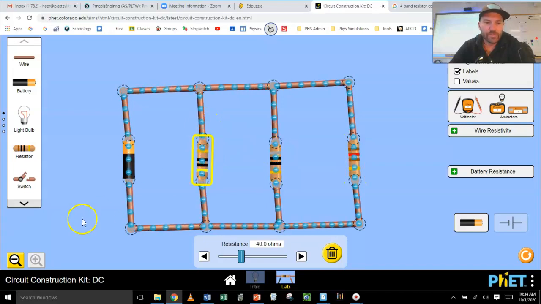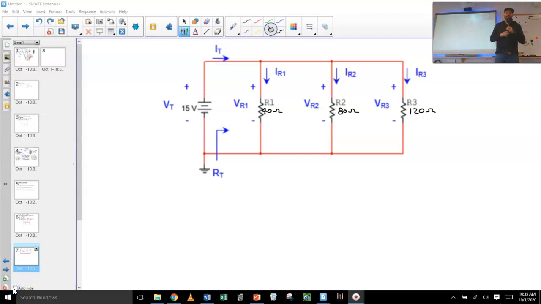Let's look a little bit more in depth at the math here. All right, first key difference in a parallel circuit is the total resistance. The total resistance, you don't just add them up. You go 1 over each of them.